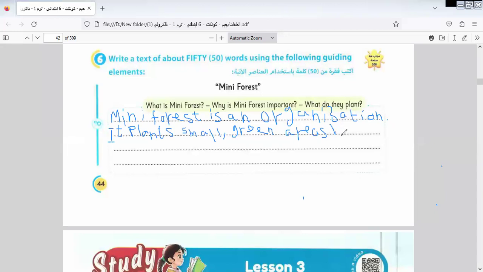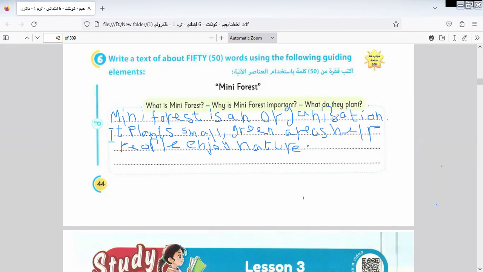Help people enjoy nature. You must put a full stop after the ending of the sentence so that your paragraph is easy to read in the exam.